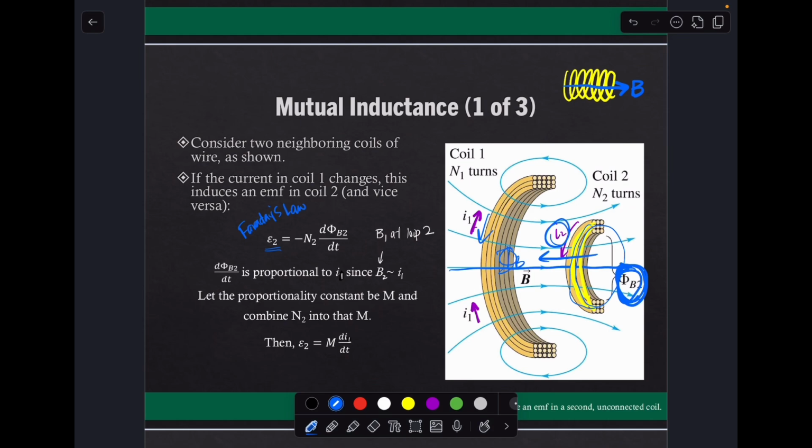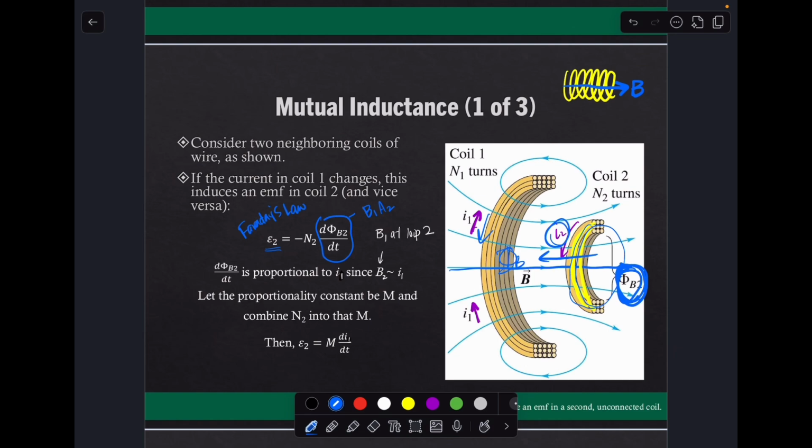And let's kind of break it down a little bit. What is this? Well, this is B created by coil 1 through the area of coil 2. Okay?